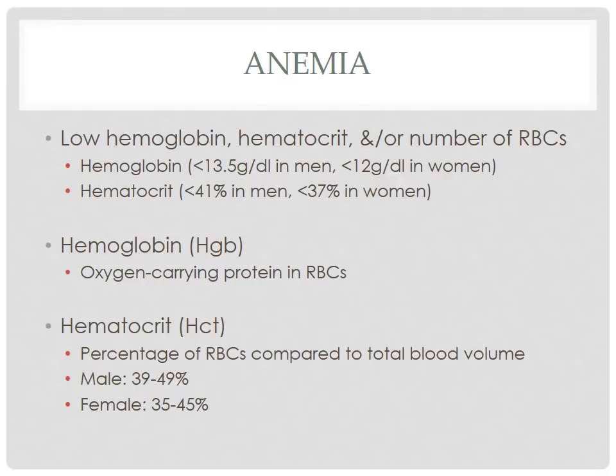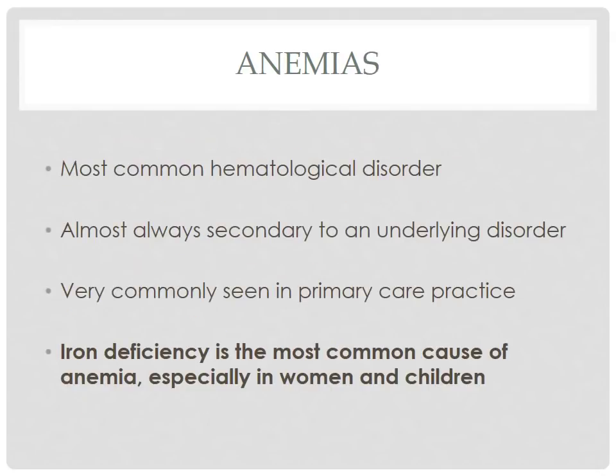Hemoglobin is your oxygen-carrying protein that's within the red blood cells, and your hematocrit is actually the percentage of red blood cells compared to the total volume. Again, the normal ranges for the hematocrit: men are going to be 39 to 49%, and women will be about 35 to 45%. Anemias are our most common hematologic disorder, and you will see them very commonly in all fields of medicine.